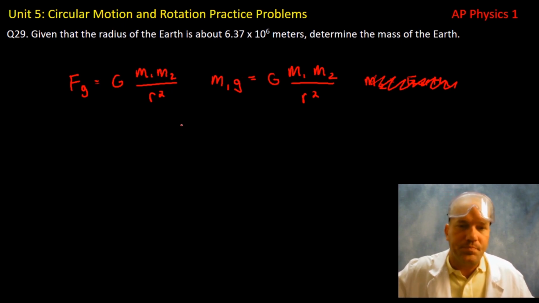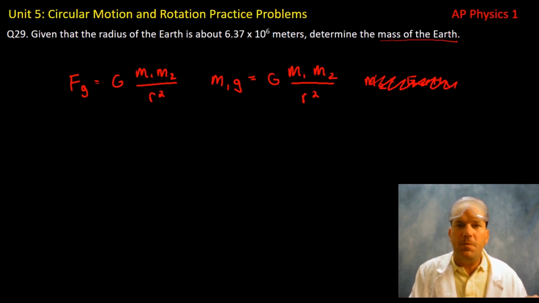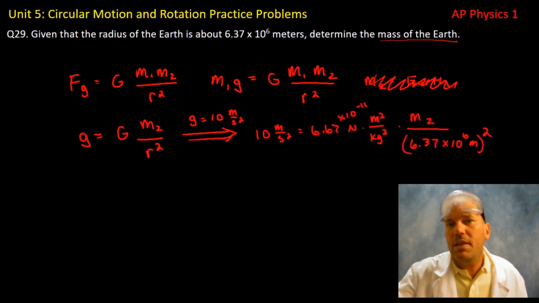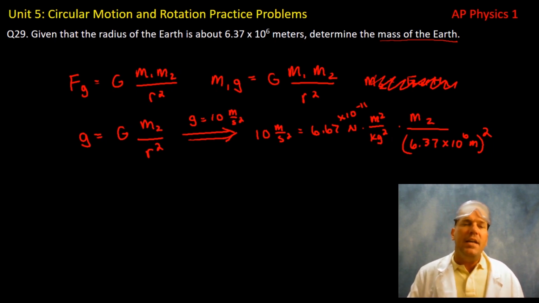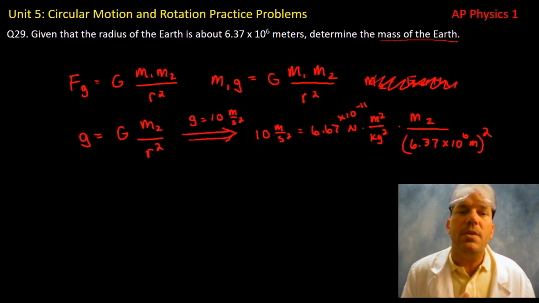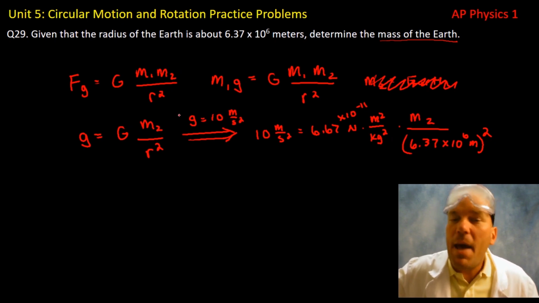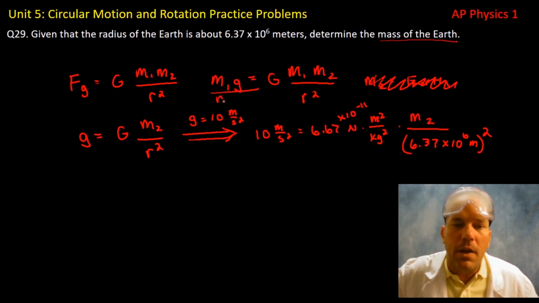Okay, so if we are to find the mass of the Earth, let's move forward and simplify this a bit. We can say that the acceleration due to gravity is equal to big G multiplied by the mass of the Earth divided by the radius squared. So you might say, what happened to mass 1? Well, right here is what happened.